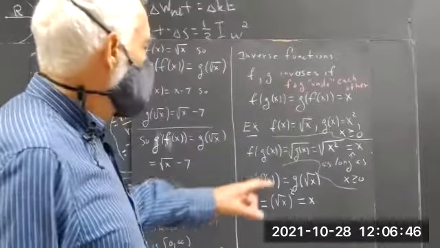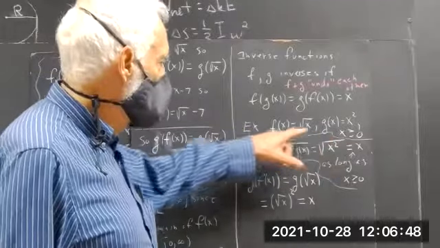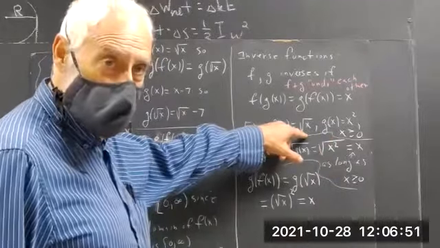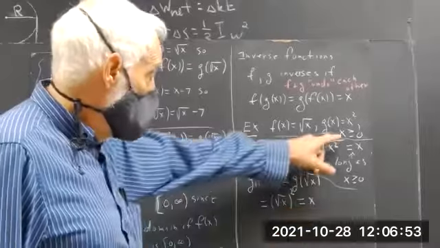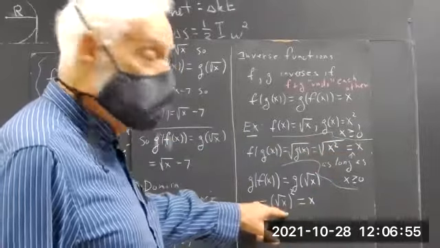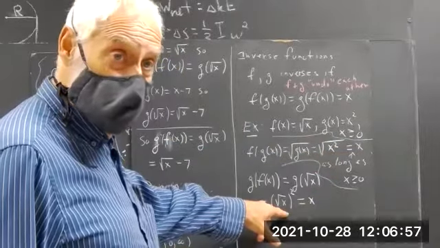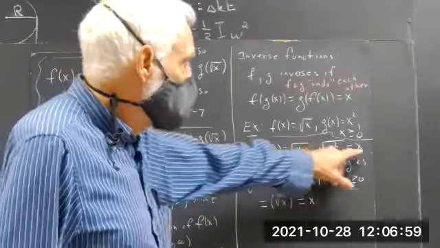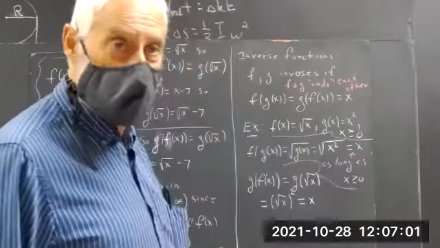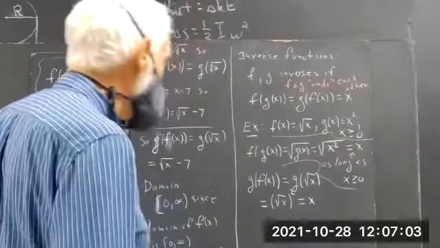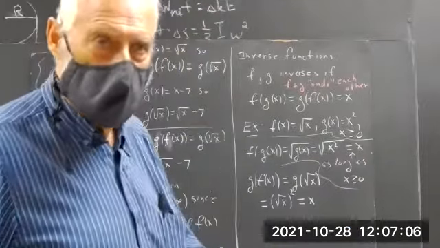And of course, x automatically has to be greater than or equal to 0 in order to do f of x, in order to do the square root. So a restriction x greater than or equal to 0 is necessary here. And we used it here because otherwise this doesn't necessarily come out. Okay, so we see that the square and the square root undo each other.